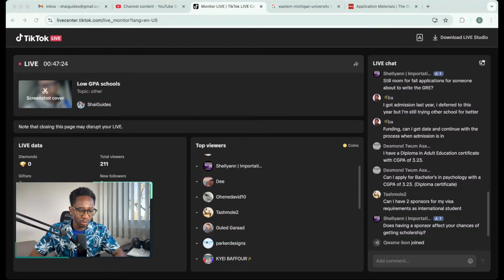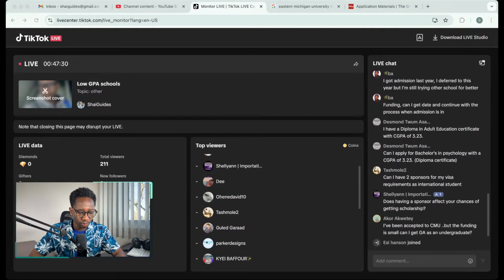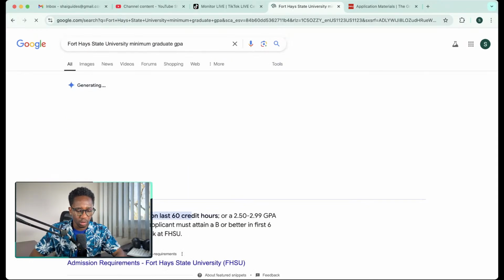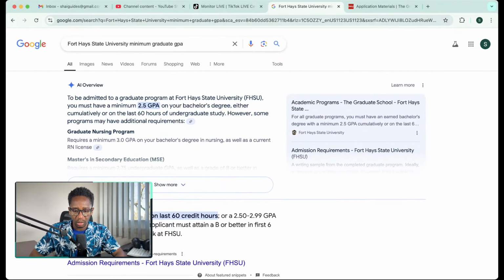So let's look at other schools. I think we need to look at other schools. There is the University of Fort Hays. Let's check Fort Hays and see the requirements.